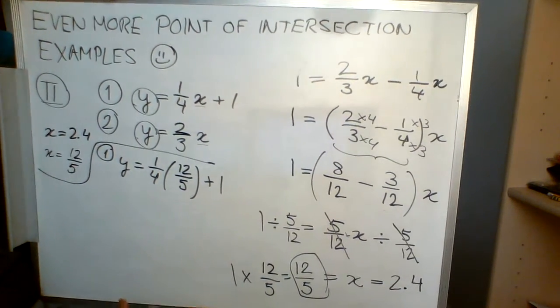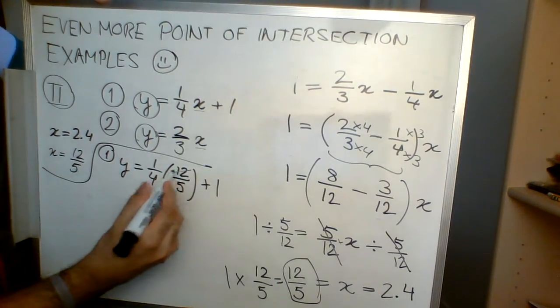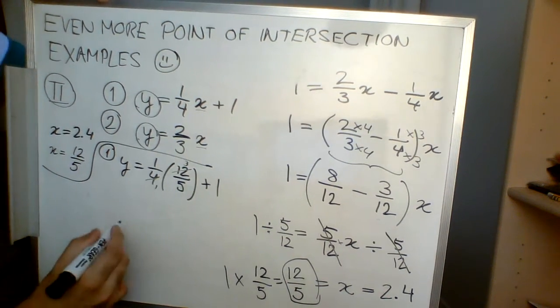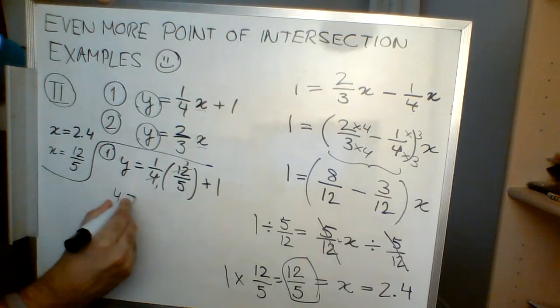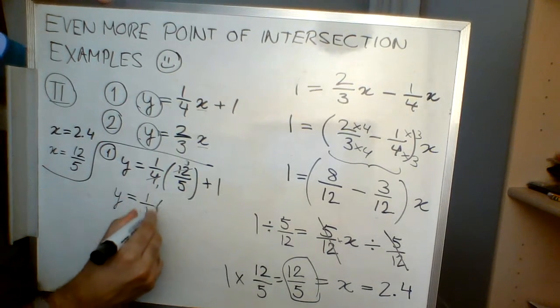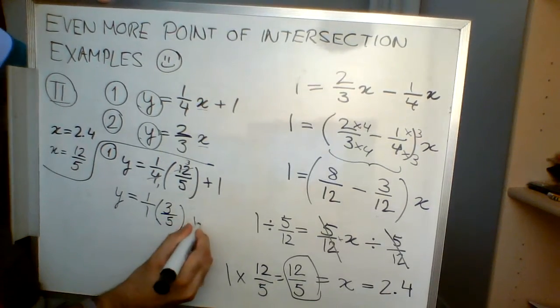So if we go ahead and calculate that, well, firstly, the 12 and the 4 can cancel out, right? So we'll be left with a 1 on the bottom here and a 3 on top over there. So y is equal to 1 over 1 times 3 over 5 plus 1.